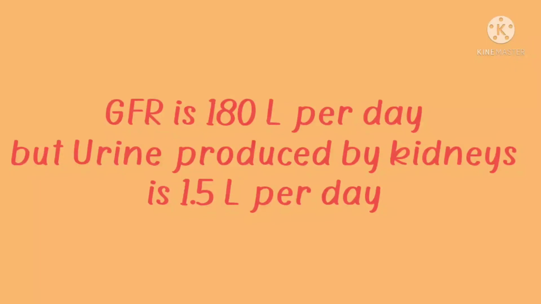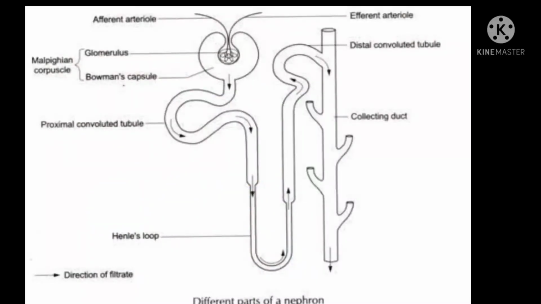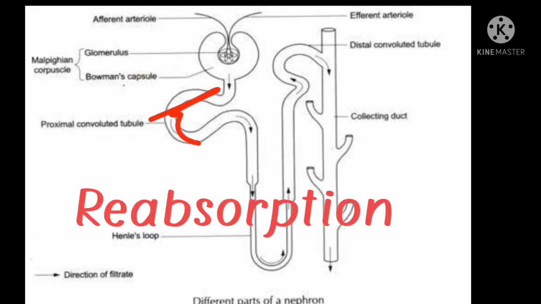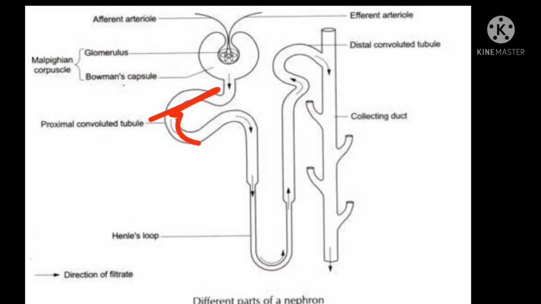The next part, that is the proximal convoluted tubule, does an important work, that is reabsorption. 70 to 80% of the electrolytes and water are reabsorbed by this segment.